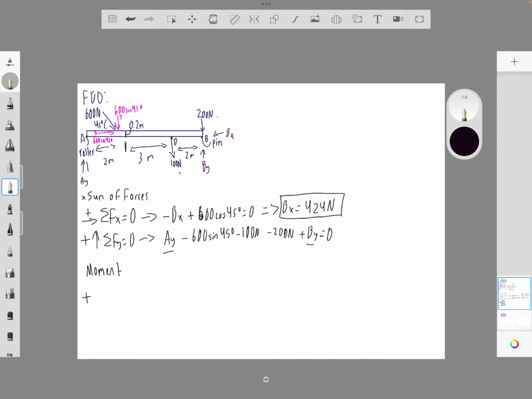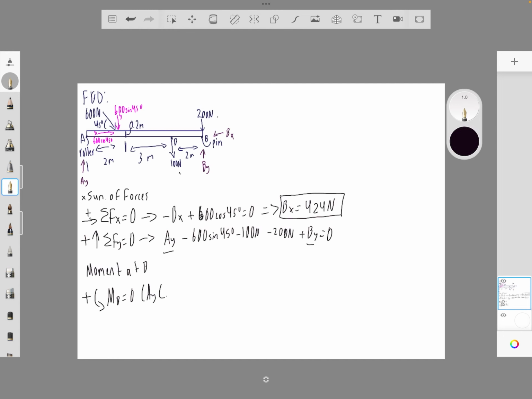If you were to rotate counterclockwise at point B, like a clock, you would realize that Ay is going in a positive direction. Now this is where the lengths become important. Ay is 7 meters away from B, so we need to multiply that.